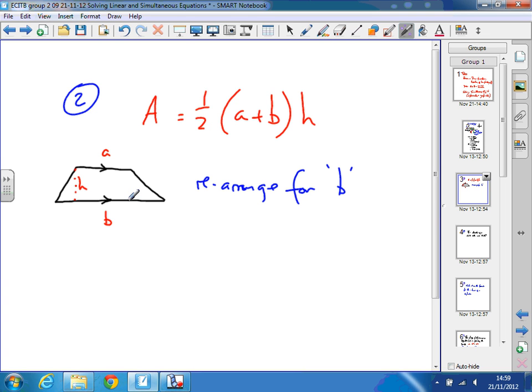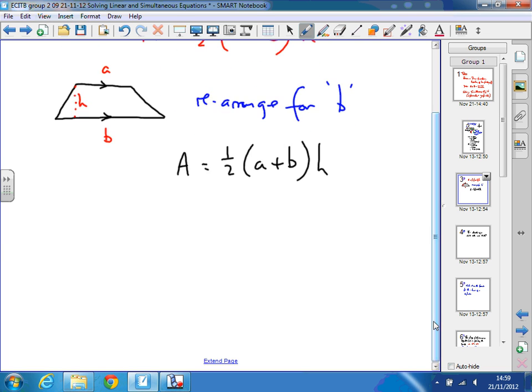But we've got to rearrange it for B, so area is a half A plus B times H. That's the formula that we've been given. We've got to rearrange for B. Well, you might not write it like this, but remember half of something is the same as dividing it by 2.